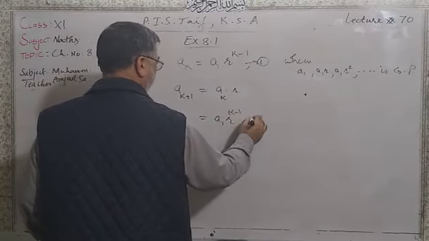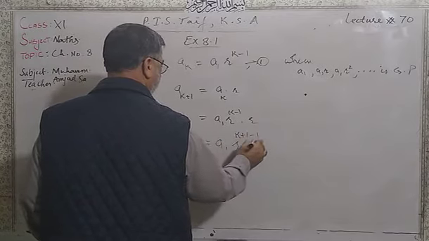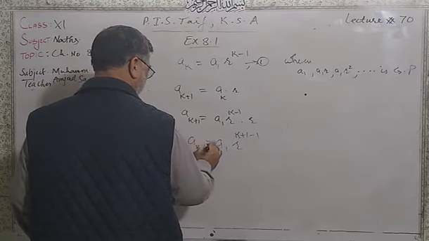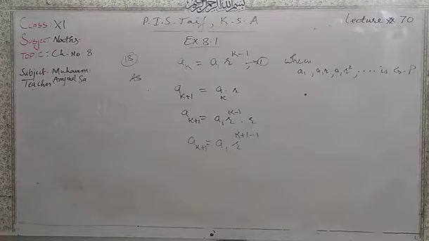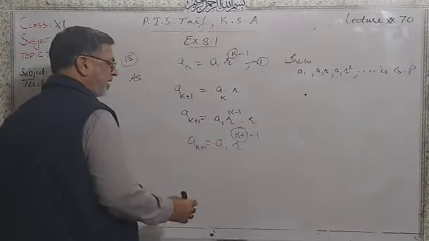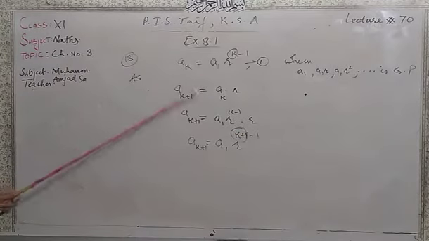a1 r to the power k minus 1 into r, that is a1 r to the power k plus 1 minus 1. You can check. Bases are same, powers are added. Here was k. We got that this is k plus 1, and here is k plus 1.